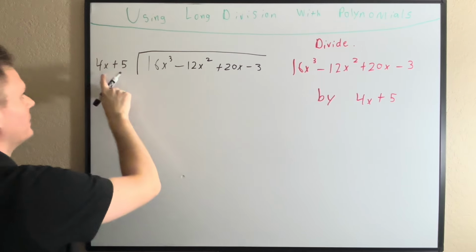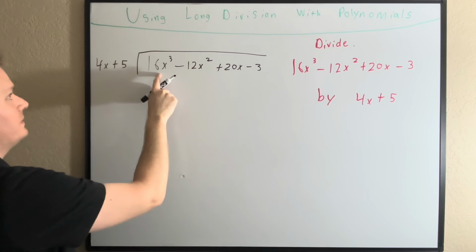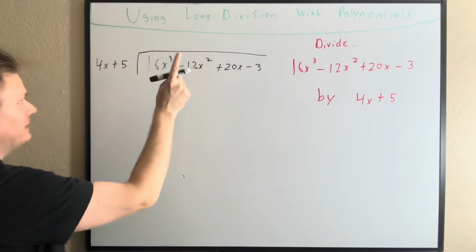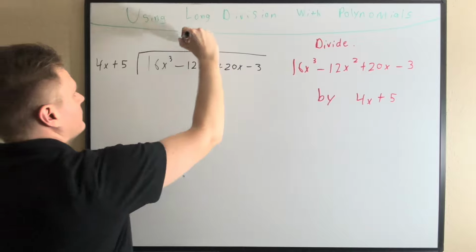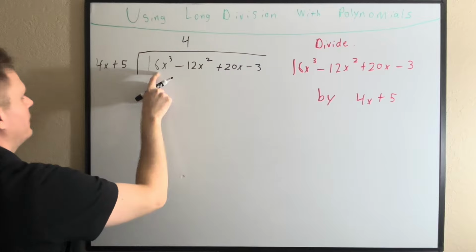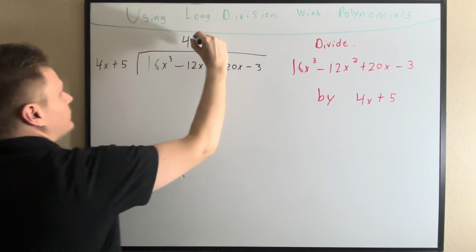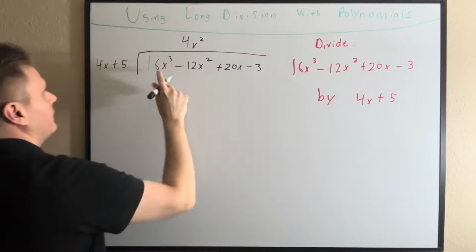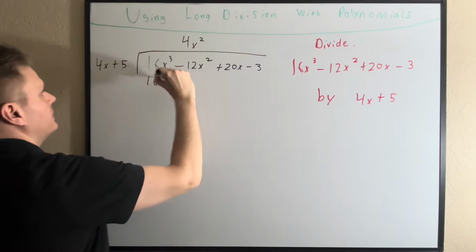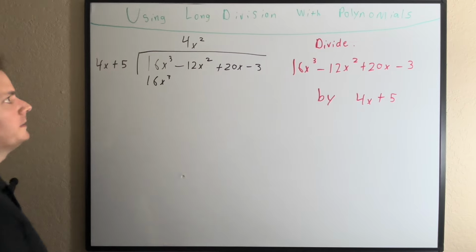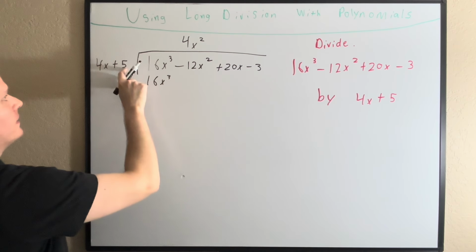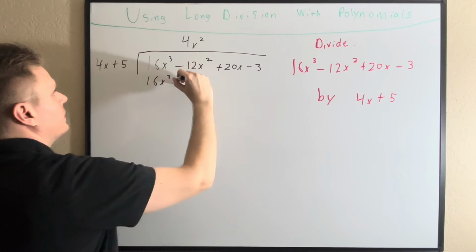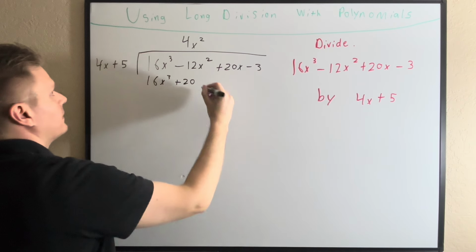All right, so 4x goes into 16x cubed. How many times? Well, 4 times 4 is 16, so let's put 4 there. X times x squared is x cubed, so that gives us 16x cubed. Distribute it. 4 times 5 is 20 times x squared.